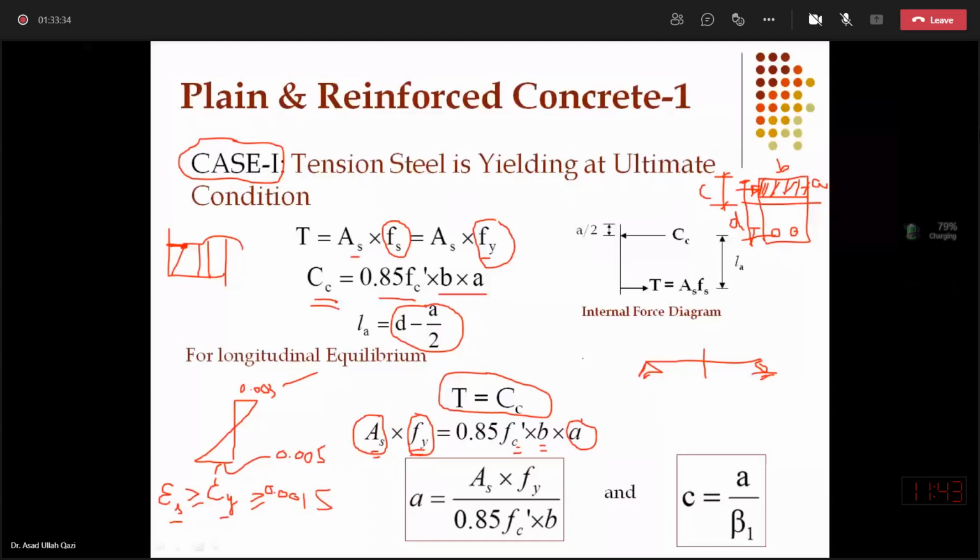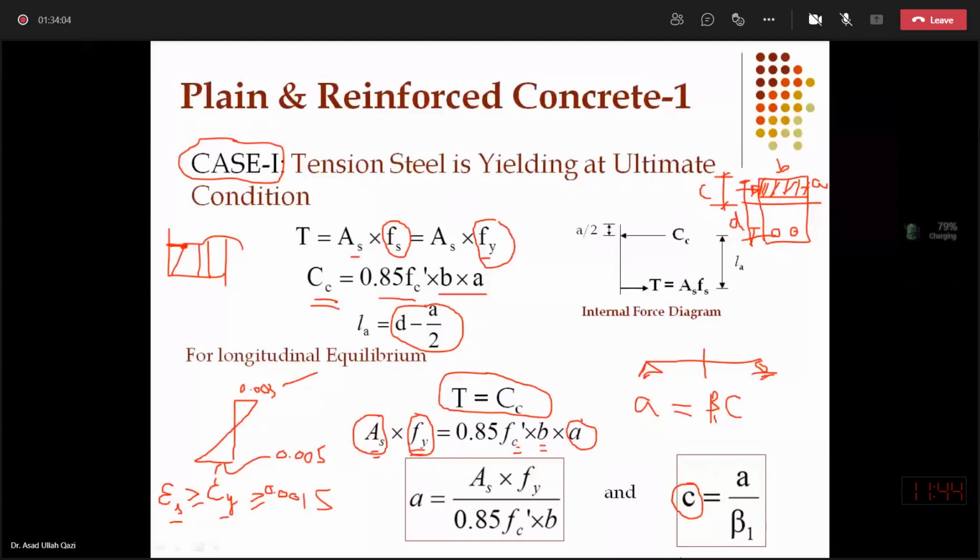And since we have proved that A is equal to beta 1 C on the previous slide, if I know the uniform stress block depth, I can also calculate the neutral axis depth, which is A over beta 1.